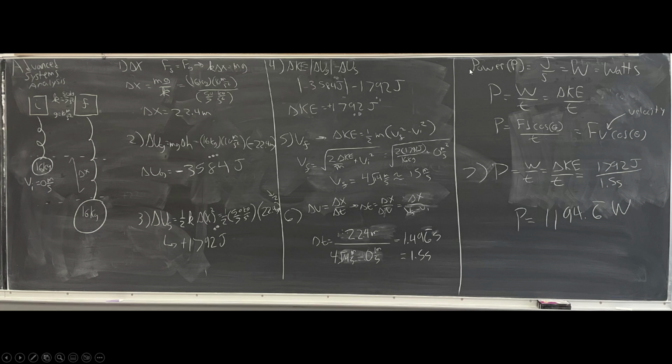A new concept that we're talking about is power, represented by capital P, and that equals joules divided by seconds. A joule over a second can just be replaced with capital W for watts. That's not the same W for work, but this instead means watts, or energy per time.